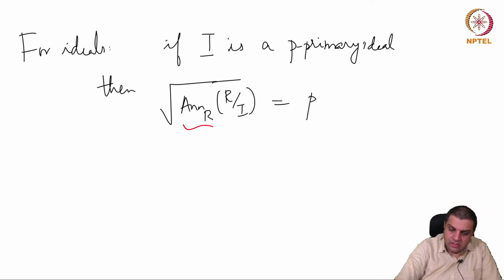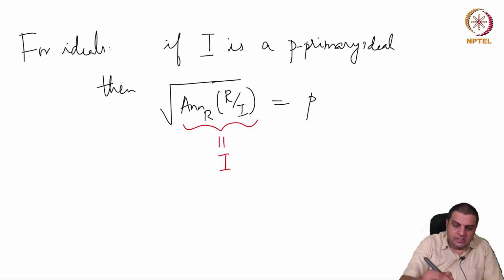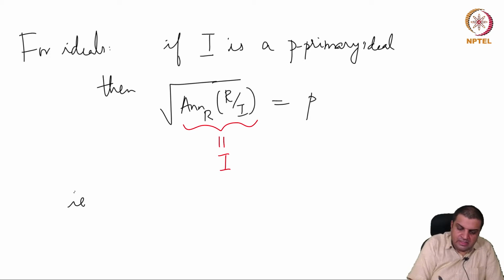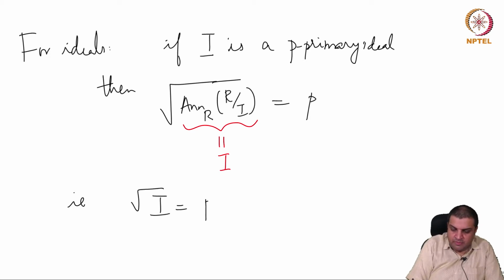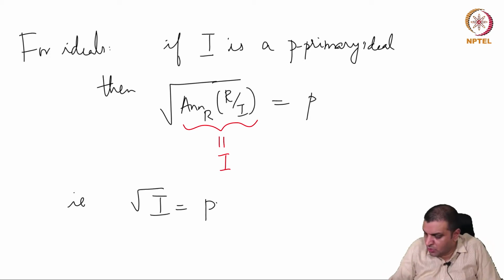This is just I. So in other words, the radical of I is P. This is what we have.